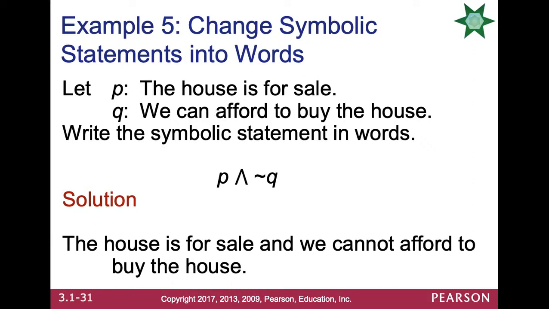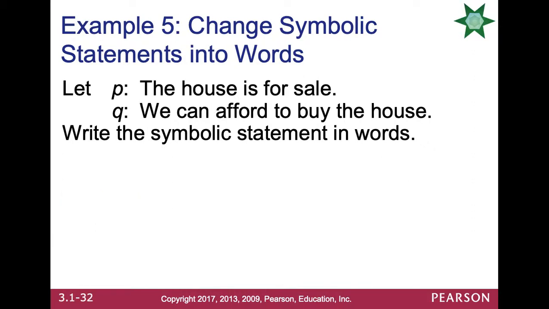We can afford to buy the house and the house is for sale. So in this case, we can afford to buy the house would be Q, and the house is for sale, that would be P, so it would be Q and P.